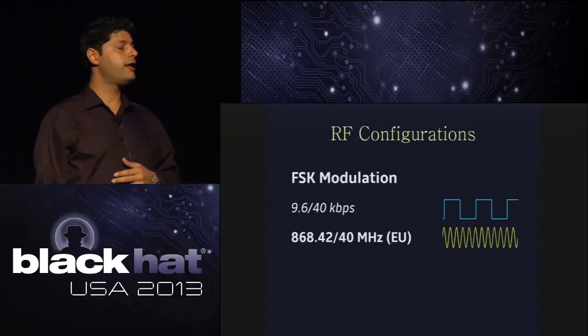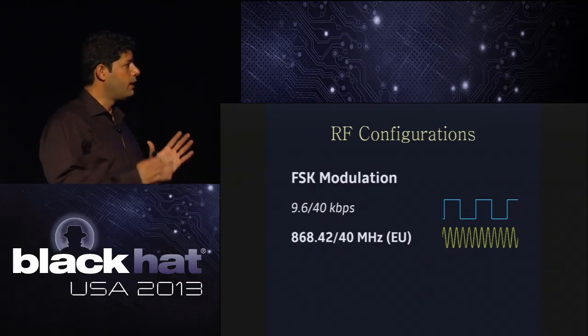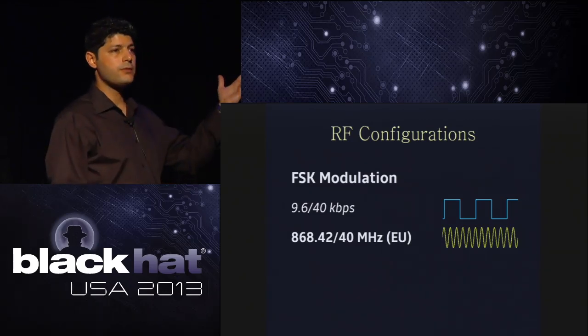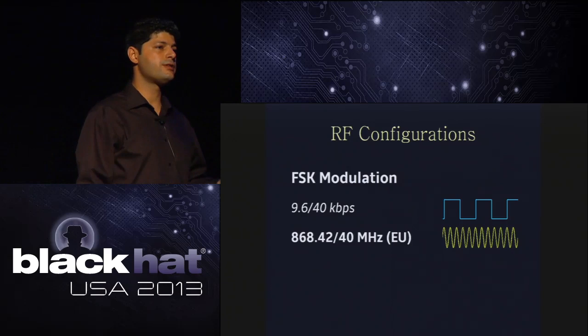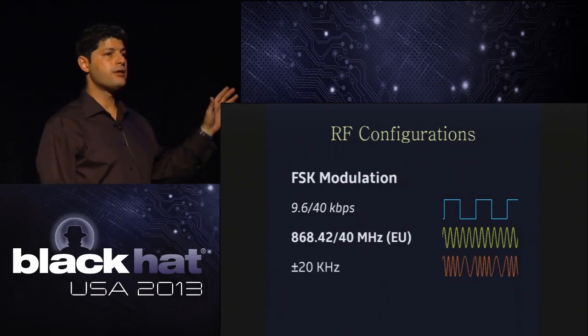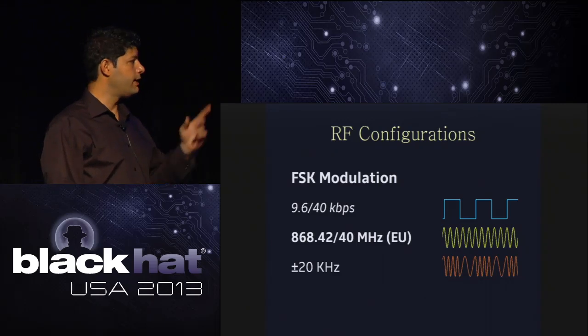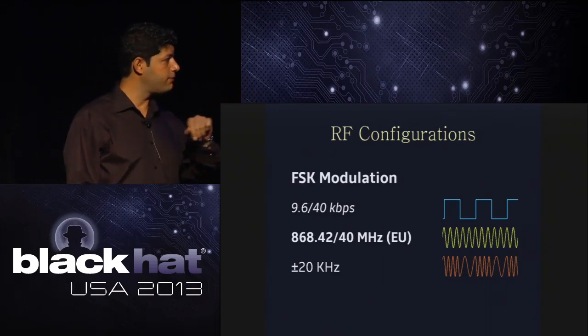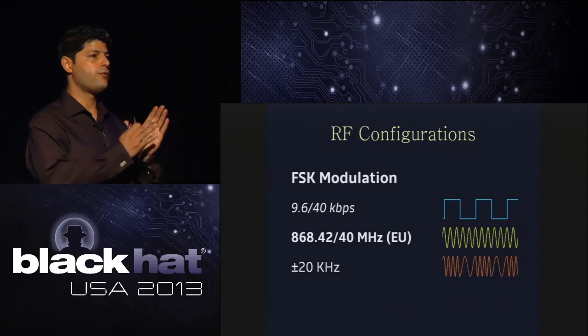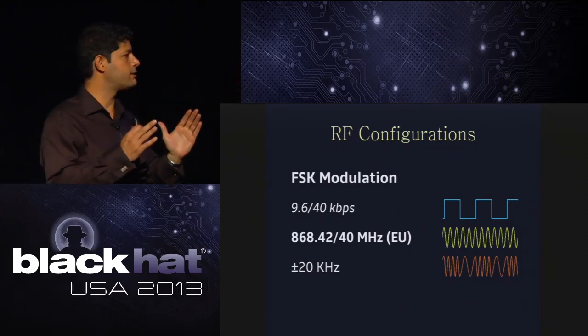So in FSK modulation, you transmit at a higher frequency whenever there is a 1, and at a lower frequency whenever there's a 0. That higher and lower frequency, for Z-Wave, is plus or minus 20 kilohertz. So as you can see in that red graph, for the ones and zeros, one is more condensed, one is slightly wider.